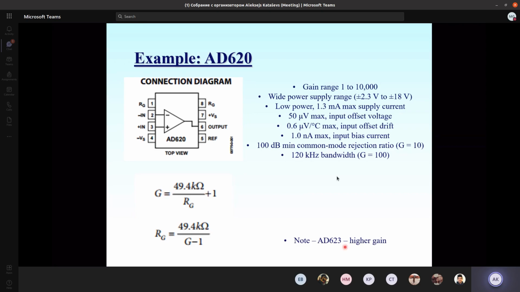For this AD623, the difference will be that this value will not be 49.4 kilo ohms, but 100 kilo ohms. This is a quite low power amplifier in the sense that it doesn't require a high supply current. Its supply current is about 1.3 milliamps.